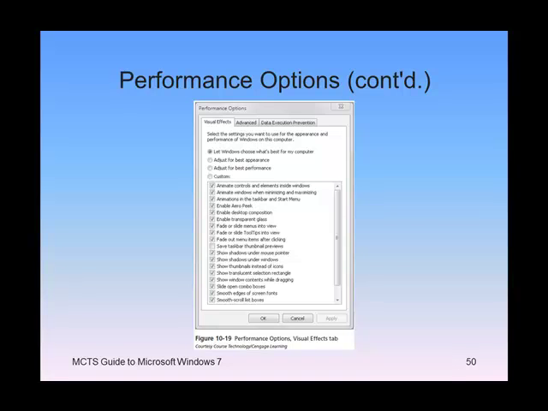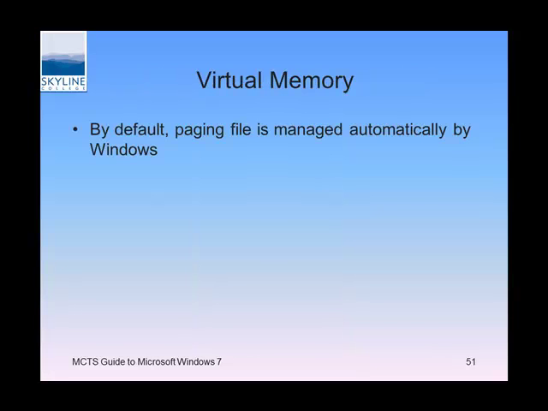Not always the best choice. Depends again what you want to do. You can let Windows choose the best for my computer, which in most cases is going to turn just about everything on. Adjust for best appearance or adjust for best performance is what you have there. What are you doing with the machine?